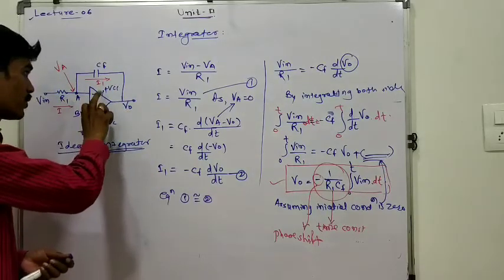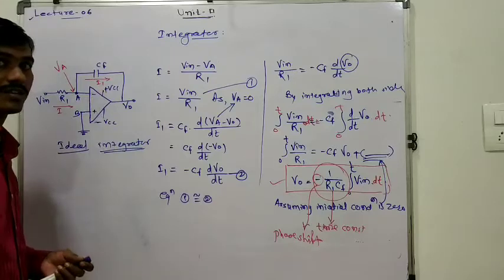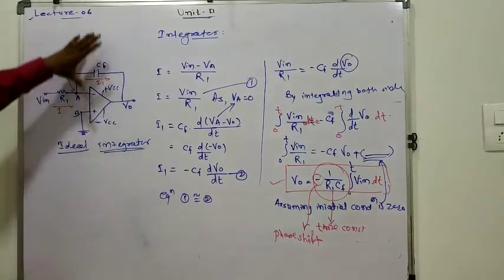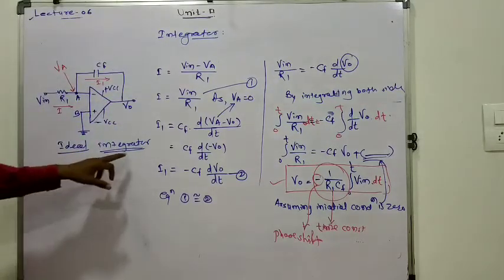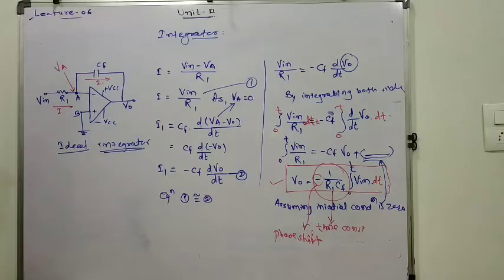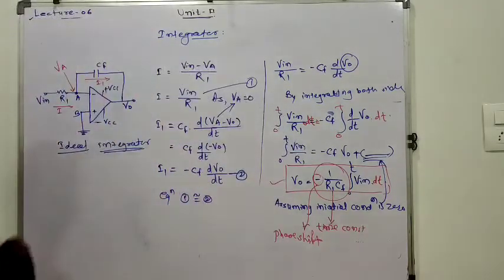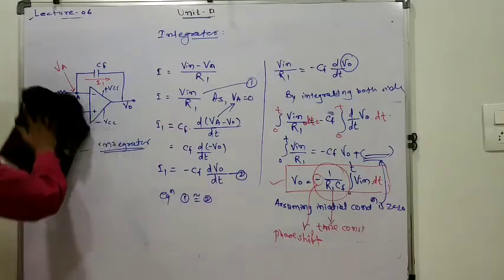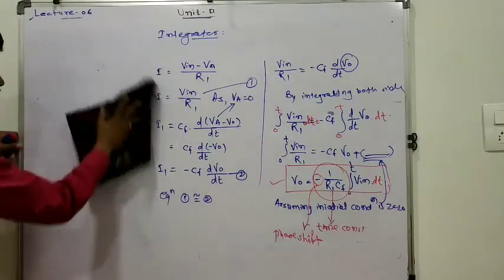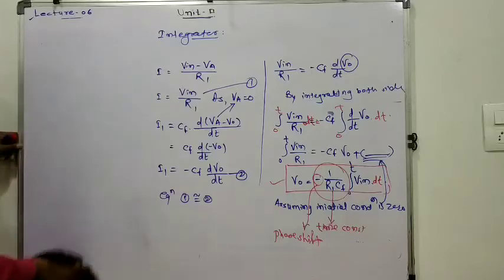That's why we have to modify the ideal integrator into the practical integrator. For that purpose, we have to make some arrangement in the ideal integrator, and that modified circuit is called a practical integrator.